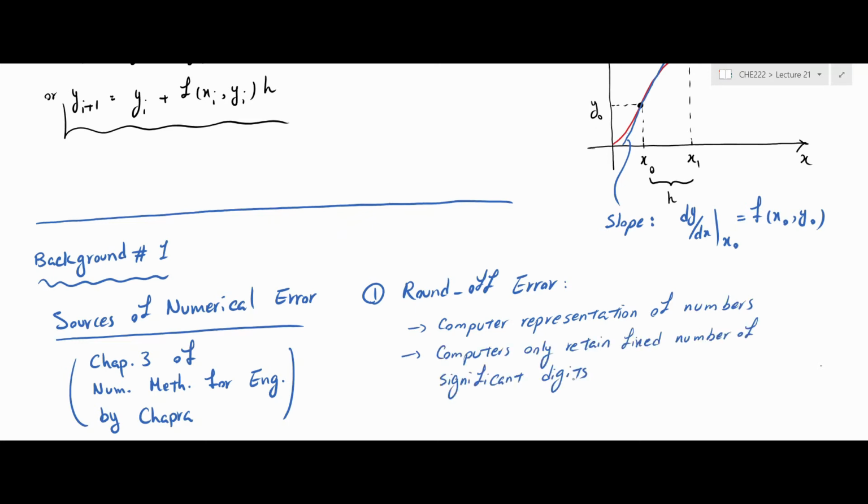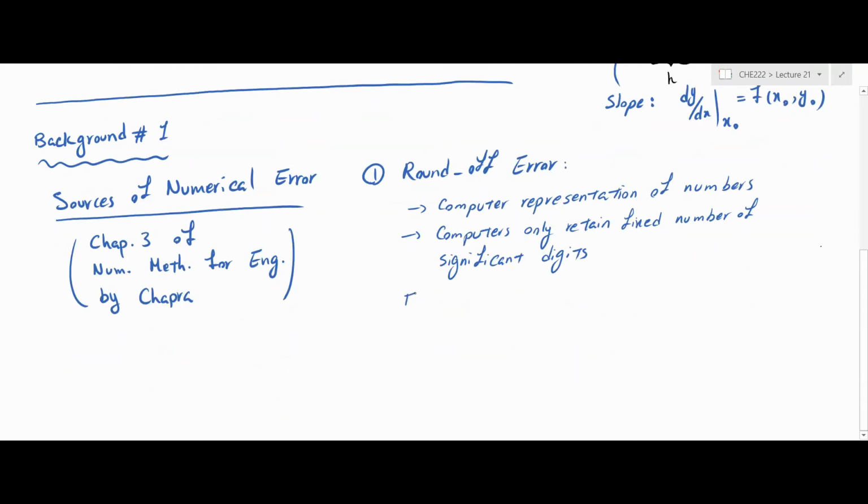As a result, irrational numbers and special numbers, for example, pi, which has an infinite number of decimal digits, will not be stored or represented exactly in the computer.